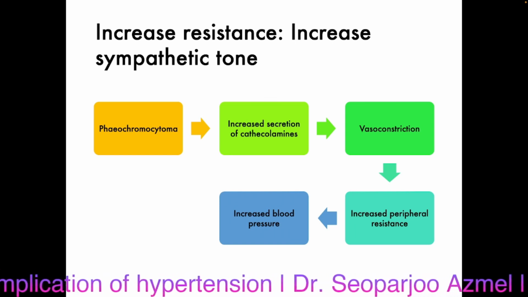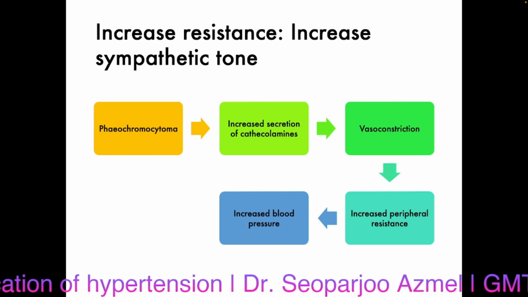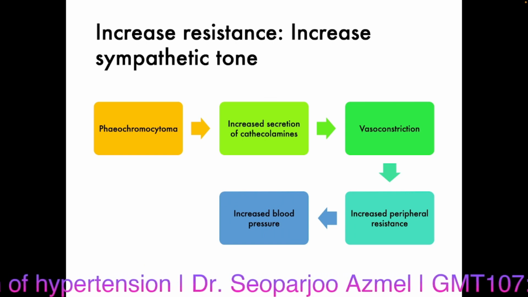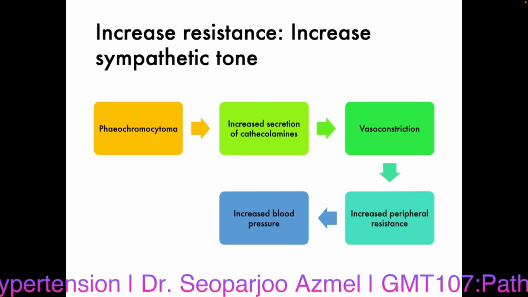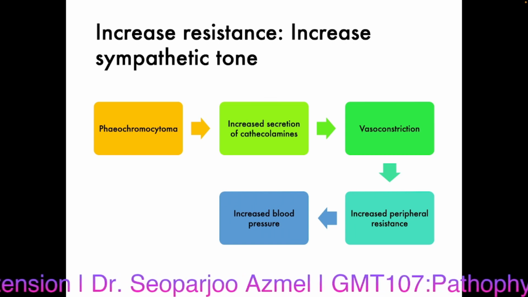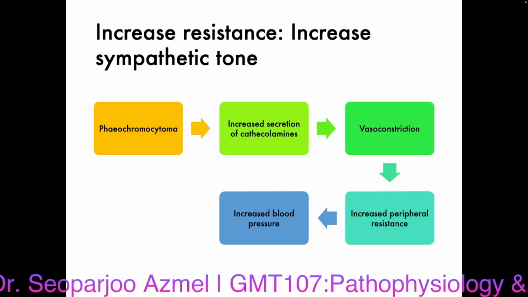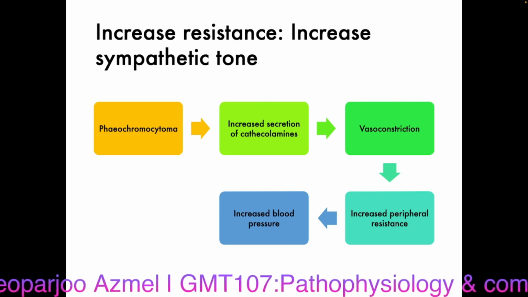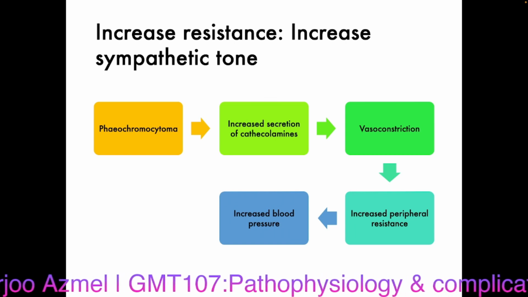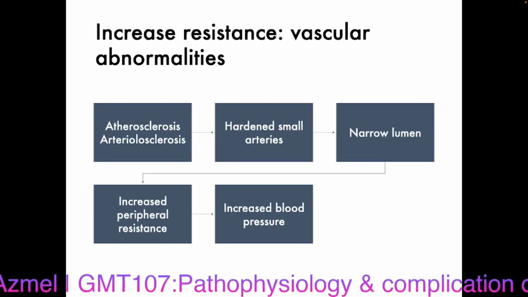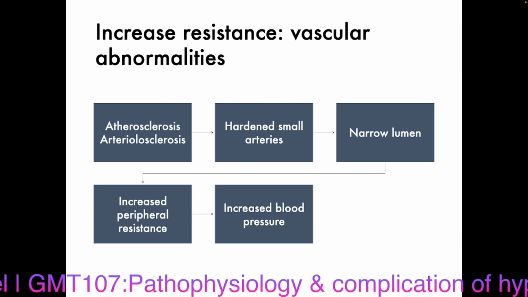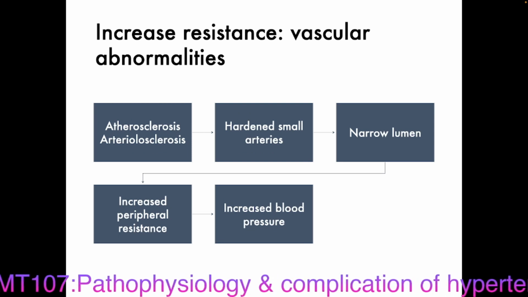And if you look back at my previous lecture slides, increased peripheral resistance will increase blood pressure. So this is the correlation between pheochromocytoma and hypertension.